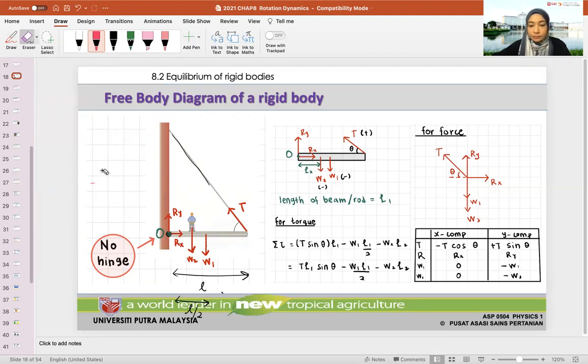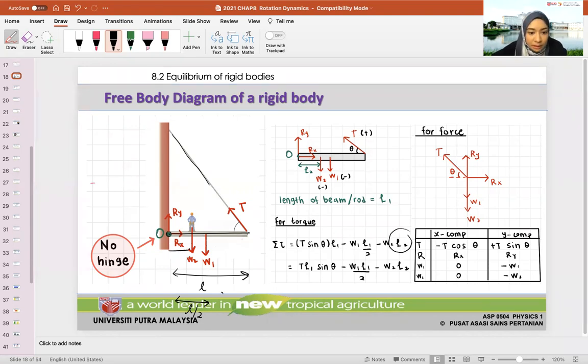Okay. So moving on. We're going to call this L/2, and the radius of T, tension, should be L. And the radius of this guy, we don't know. They called it L2, over here.